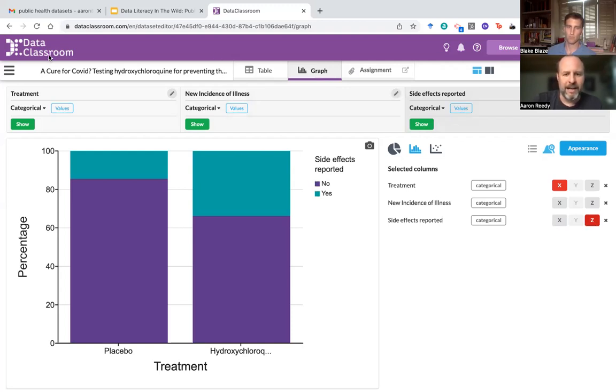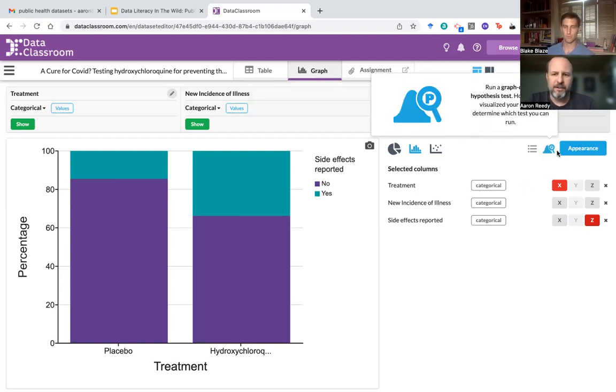Now we're looking at different data, and here the story looks to be a little different, in that the placebo group is showing a much smaller incidence of side effects. The teal band there is the side effects in the placebo group versus side effects in the hydroxychloroquine group. So now you're weighing whatever small difference you saw in the treatment against this larger difference in the side effects.